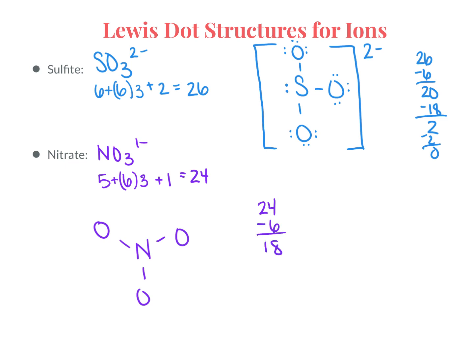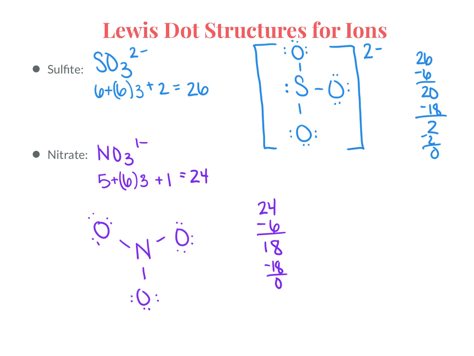So how many are left over? 18. This oxygen has 2, so how many dots do you have to draw? Each oxygen needs 6. So I'm going to draw 6. I used 18.